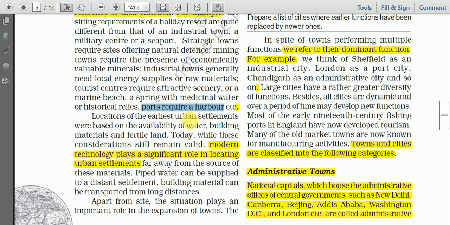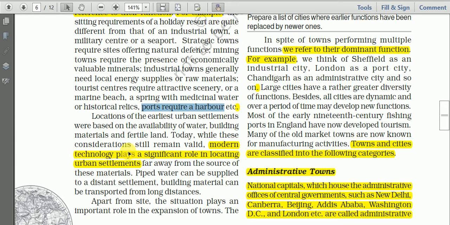Actually, locations of the earliest urban settlements were based on the availability of water, building materials, and fertile land, just like the rural settlements. Last time we discussed factors affecting rural settlements. Likewise, earliest urban settlements in the world were based on the availability of water, building materials, and fertile land.